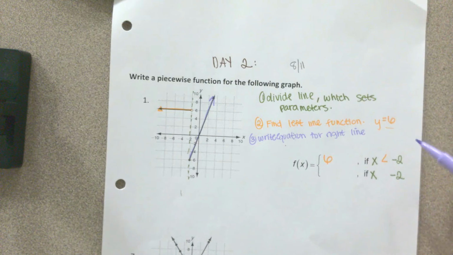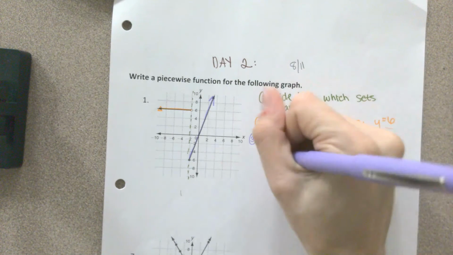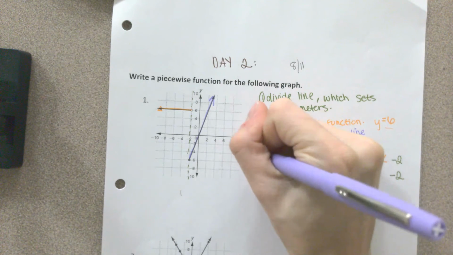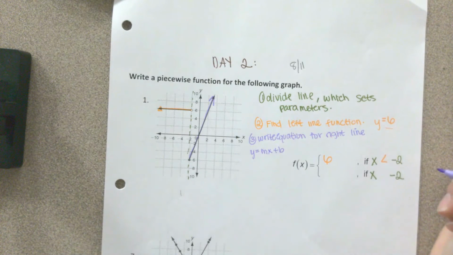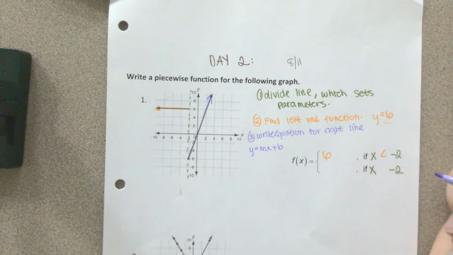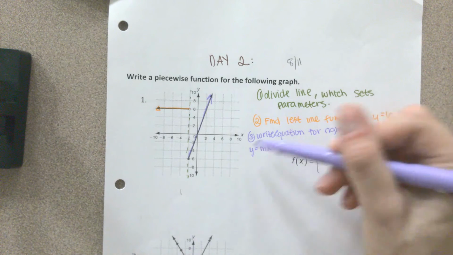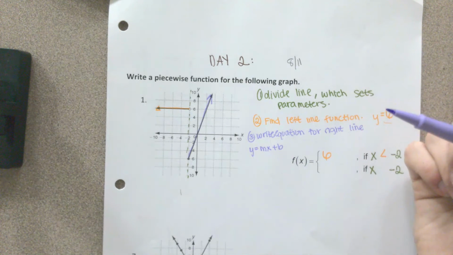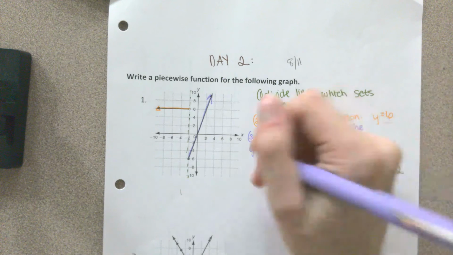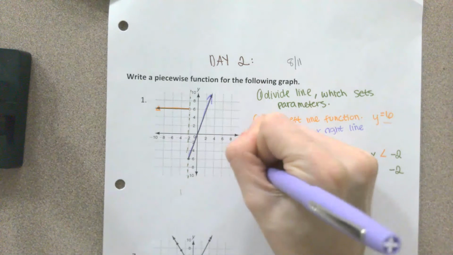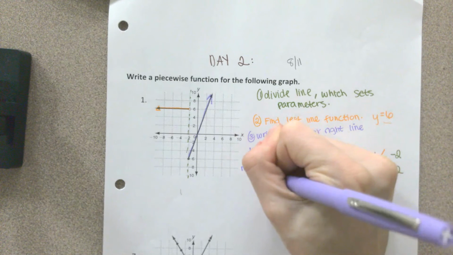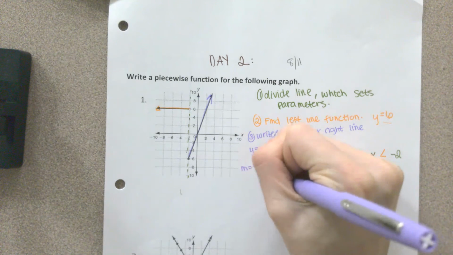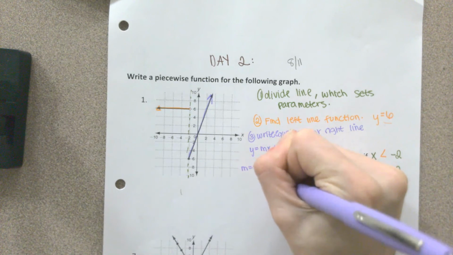I'm hoping that you guys remember your y equals mx plus b equation for the slope of a line, or just, you know, a line in general. So m is your slope, which is your rise over run.